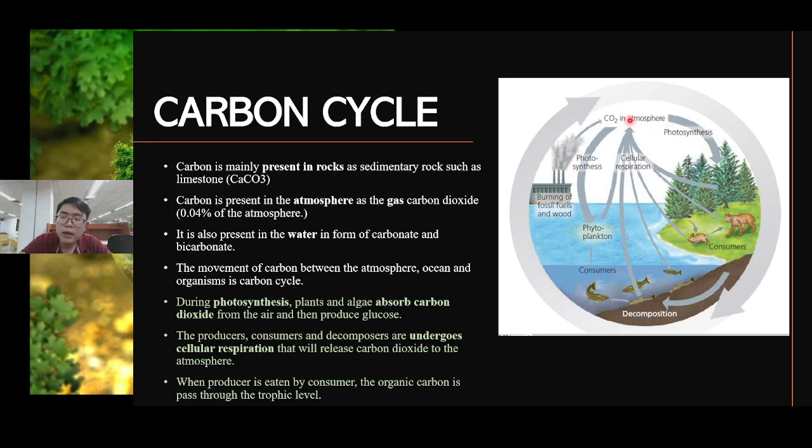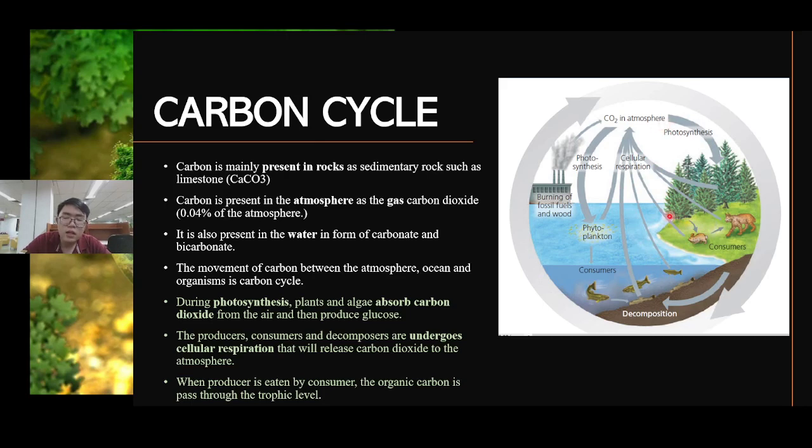The producer, consumer, and decomposer undergo cellular respiration that releases carbon dioxide to the atmosphere. Not only that, even plants at night, and other consumers or microorganisms, will release carbon dioxide into the atmosphere.